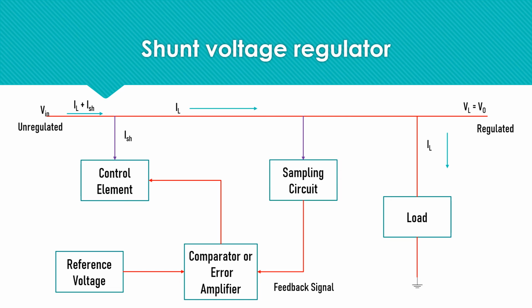When the control element is activated, more shunt current will be drawn by the control element. When more current is drawn by the control element, the load current IL decreases. When the load current IL decreases, the load voltage V0 decreases. In this way the load voltage can be compensated by controlling the signal to the control element. This is about the shunt voltage regulator.